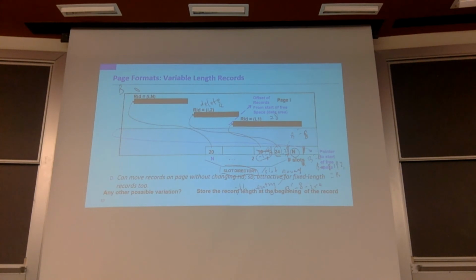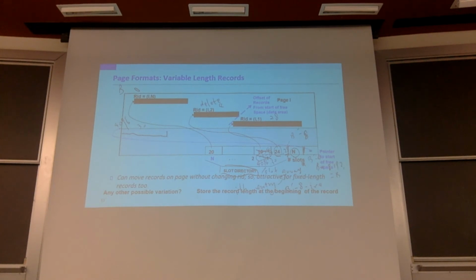Suppose this is your free space, 4096, and you store a new record here with a length of 30. Then you change this to 4096 and 30, using that old slot.